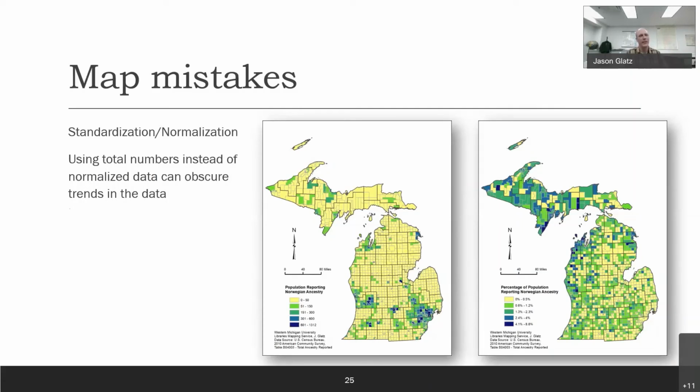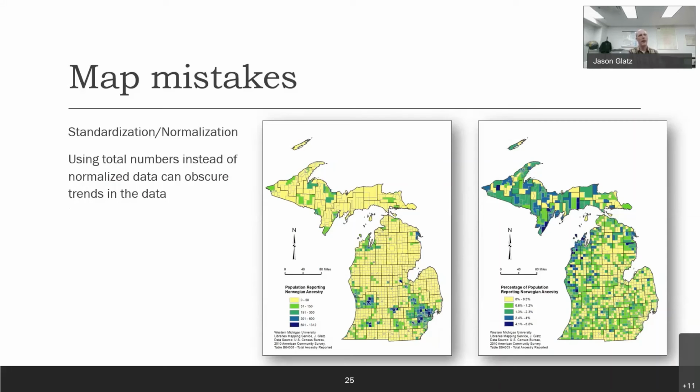You can see the Detroit area, Lansing, Grand Rapids, Kalamazoo are all blue or darker. These maps are showing the percentage of respondents in the 2010 U.S. Census that report Norwegian ancestry.